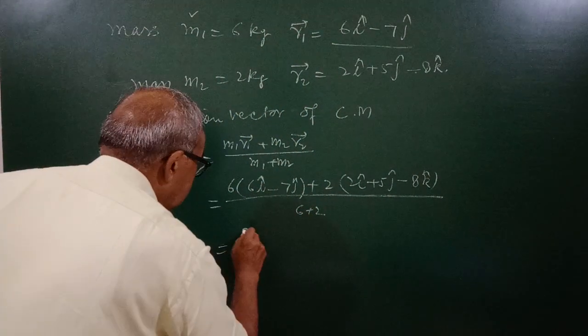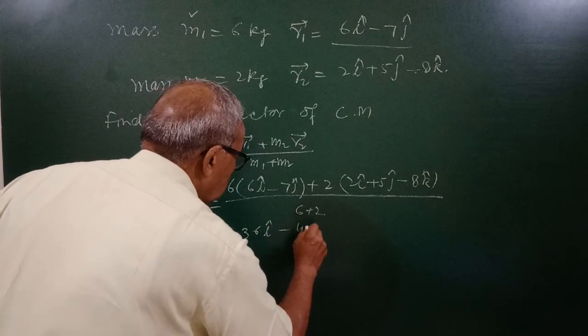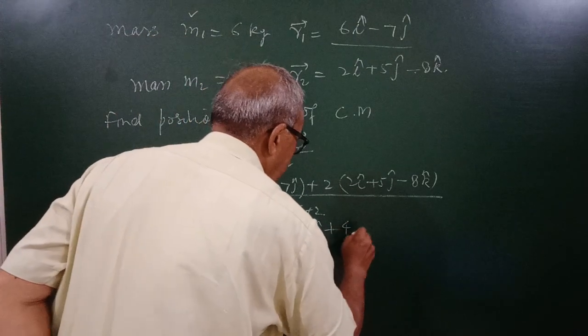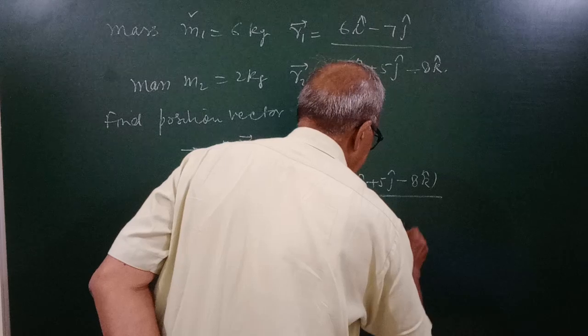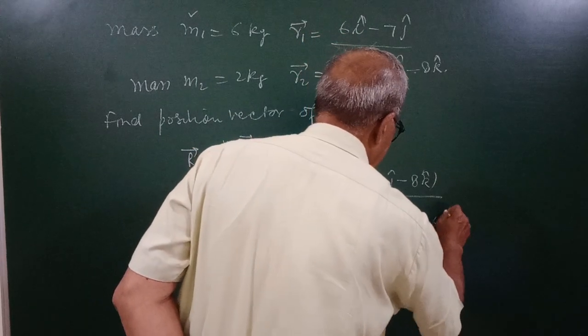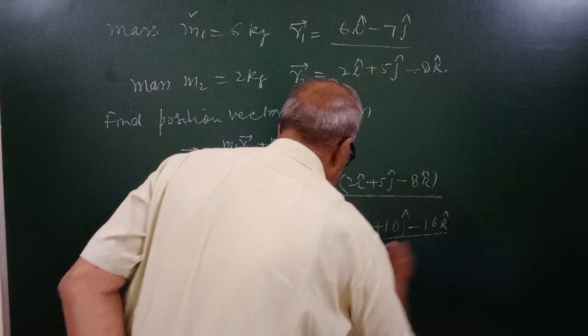So it is 36i cap minus 42j cap plus 4i cap plus 10j cap minus 16k cap upon 8.